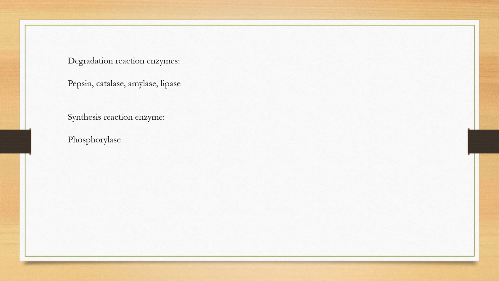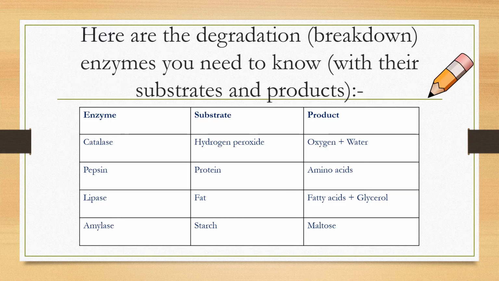So we have a table to summarize this. Here are the degradation breakdown enzymes you need to know with their substrates and their products. Your enzyme catalase catalyzes the reaction of hydrogen peroxide, which is your substrate, to oxygen and water, which are your products. Then you've got your enzyme pepsin, which catalyzes your substrate protein, breaking it down into your product of amino acids.